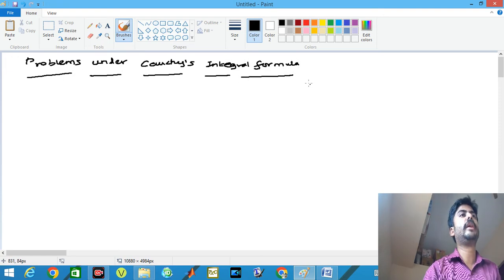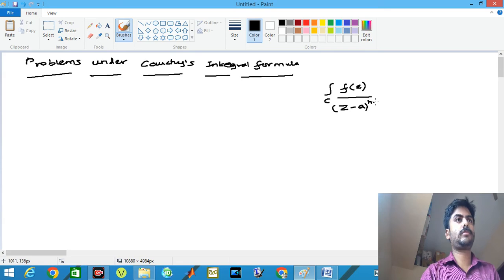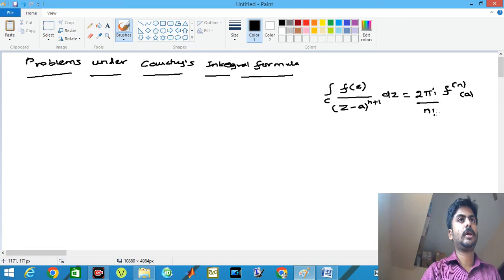Now I would like to recall only one formula here, that is the integral over C of f of z divided by (z minus a) whole power n plus 1 dz equal to 2 pi i divided by n factorial into f power n of a.